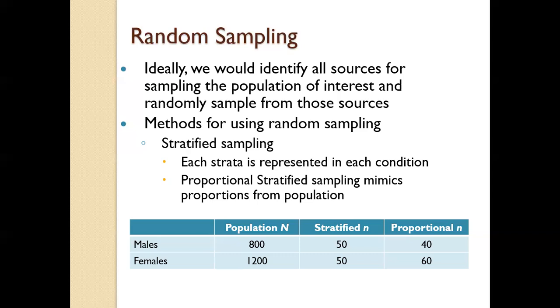In proportional stratified sampling, I will sample the proportion of males equal to the population and the proportion of females equal to the population of females. So 800 males represents 40% of that population, and females represent 60%. Therefore, if I wanted a sample of 100 people, then I would select 40 males and 60 females, okay?